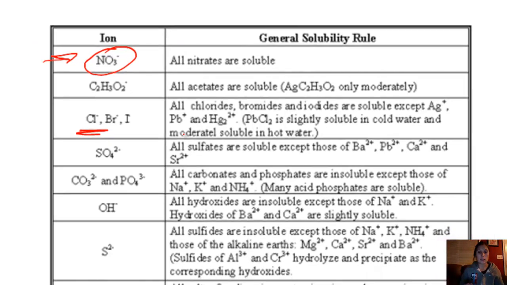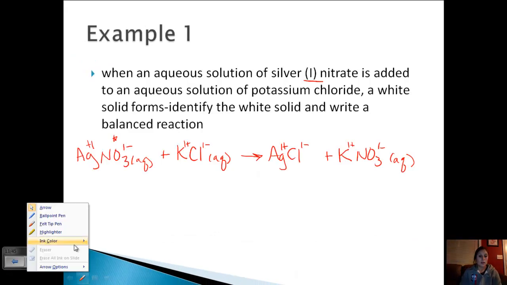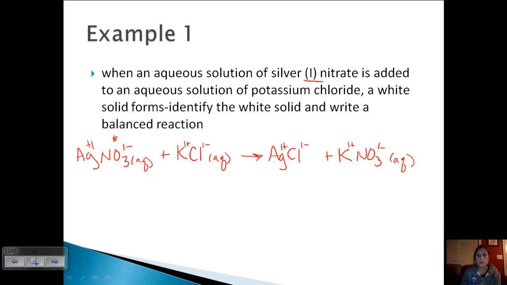Okay, so let's go back to our example. Okay, so we have silver and chlorine. So most things when combined with the chloride ion are aqueous. However, we have 3 exceptions: silver, mercury, and lead. And since silver is one of those exceptions, that means that this is our solid or our insoluble compound. Okay, and we know that we also have a balanced equation because all our compounds are neutral and everything is 1 to 1. Okay, let's try another example.